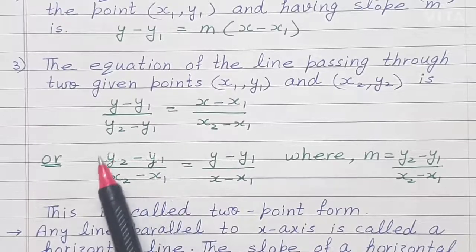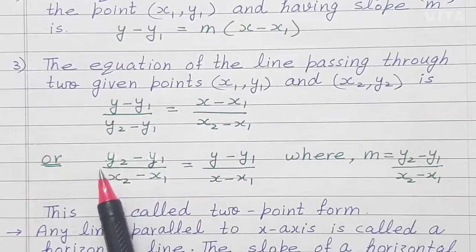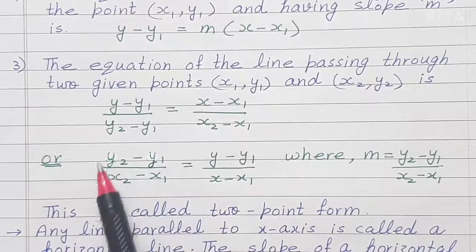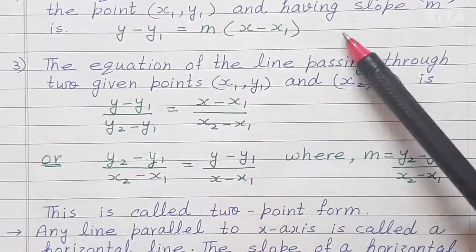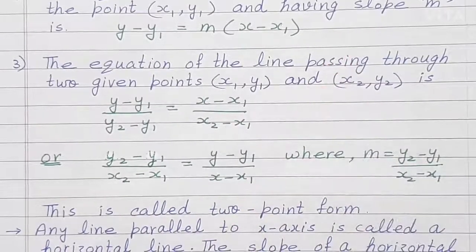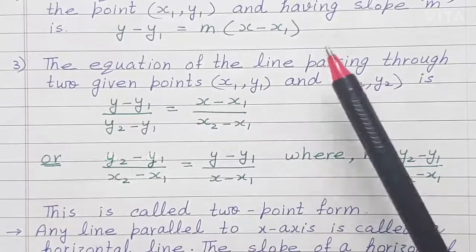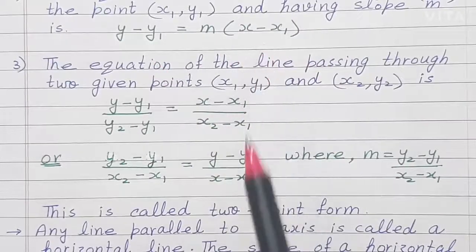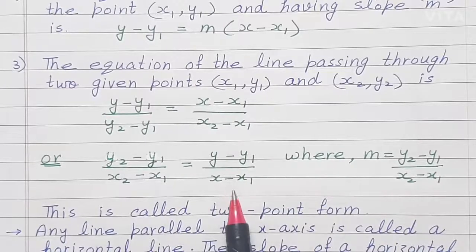Where m is basically (y2 - y1)/(x2 - x1). So instead of this, if you write m, you can move to the first, 1-point form formula. So students, in the 1-point form formula, we always use only one coordinate. But in the 2-point form formula, we will use 2 coordinates. I hope it is clear to you now.